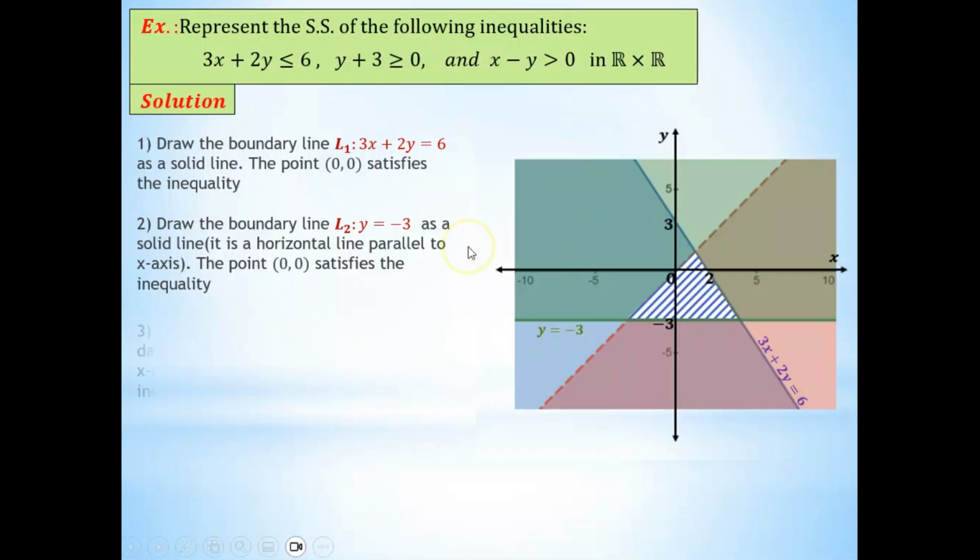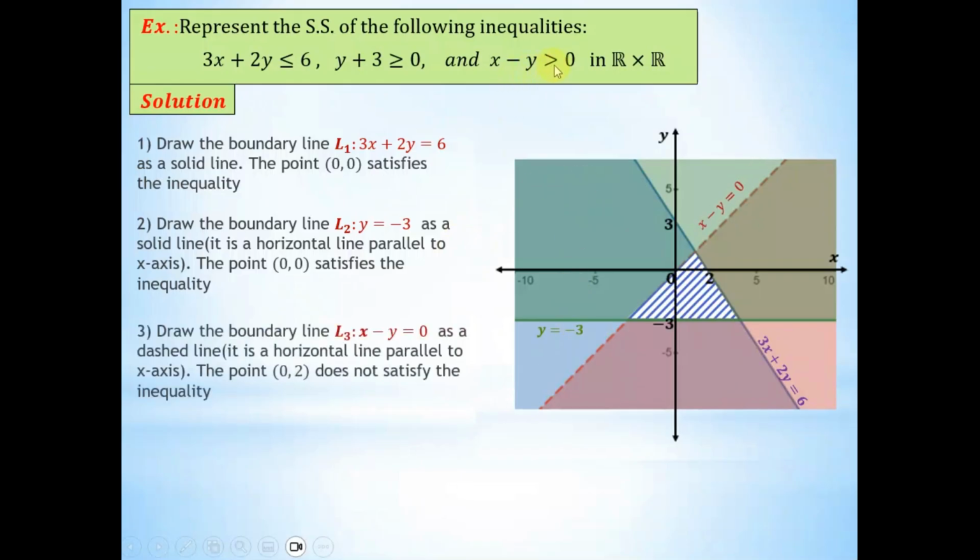The third line, x minus y more than 0, is a 45 degree angled line, x equal y, and it is a dashed line because no equal here. So I have to check which region is the solution set. The origin (0, 0) passes through the line, so I have to select another point.